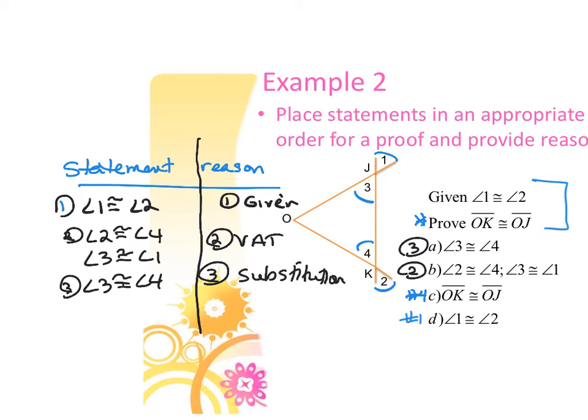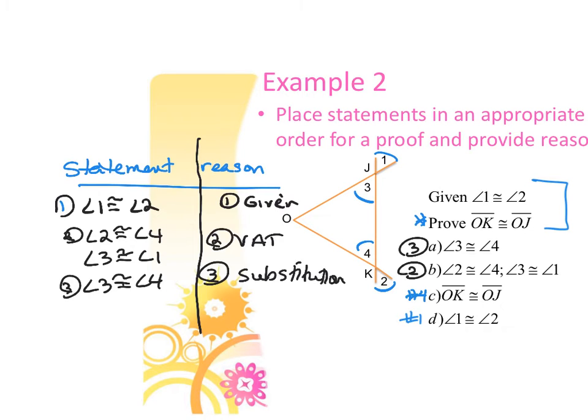Because what I've done is I'm taking angle 2 out, and I've substituted it in. So see how these two are equal to each other? And then we can substitute.